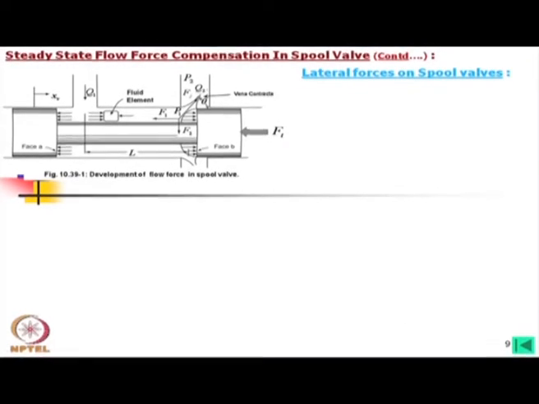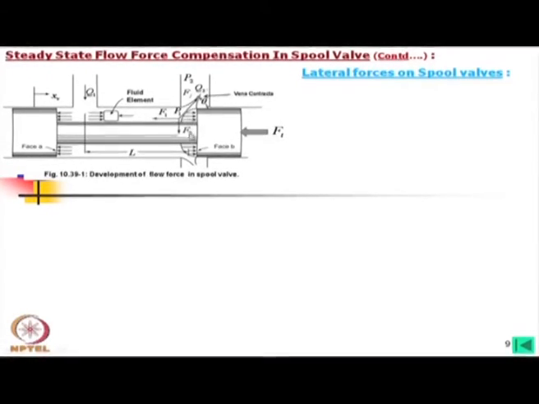Now, apart from the linear force, there is also lateral force on the spool valve. Now, as I have described, if I consider this jet force, then this has two components F1 and F2. F1 is the flow force which we cannot balance, we have to control this force by the drive.